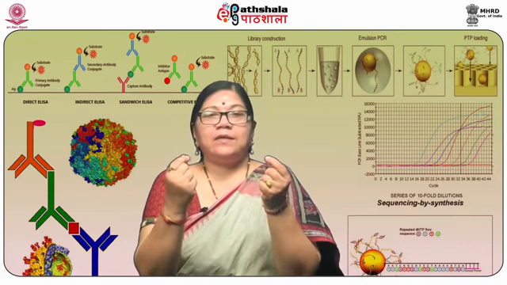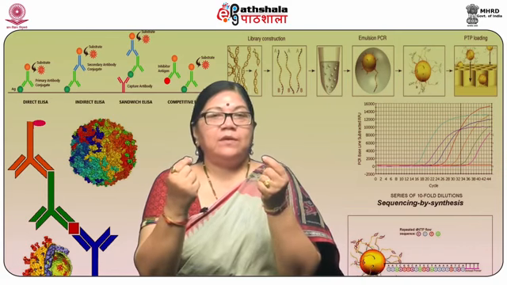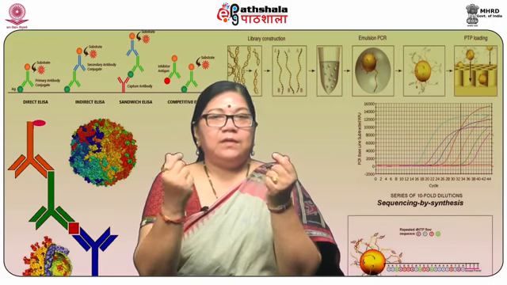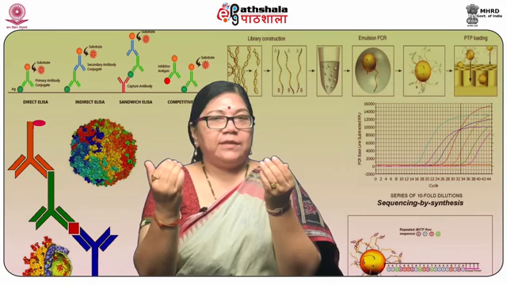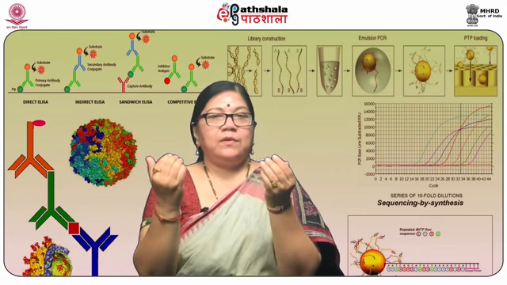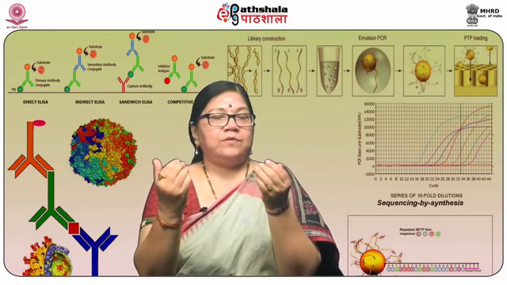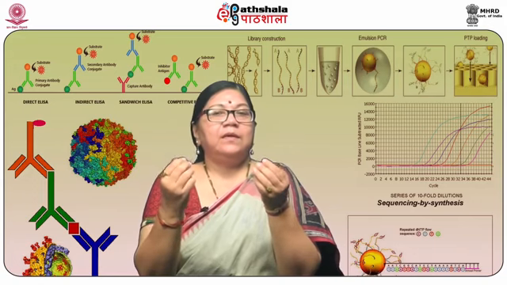Most vectors are genetically engineered plasmids or phages. They are also cosmids, bacterial artificial chromosomes, BACs, and yeast artificial chromosomes, YACs.